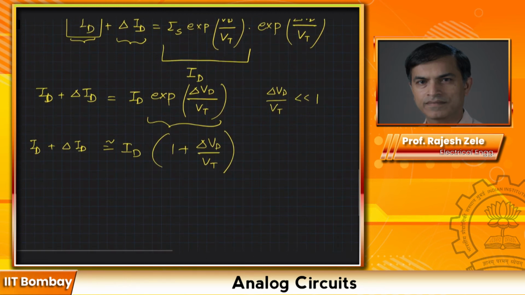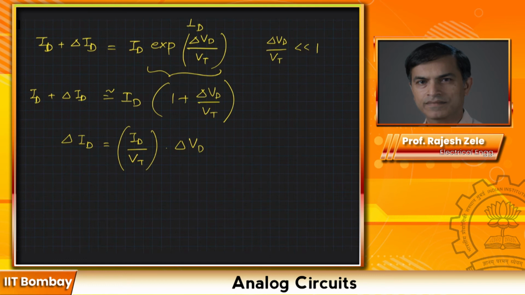So now you can see that the expression even simplifies further. Delta ID is equal to ID divided by Vt times delta Vd. So I can rewrite this again saying delta Vd divided by delta ID is equal to Vt divided by ID. So this parameter is called the incremental resistance of the diode.